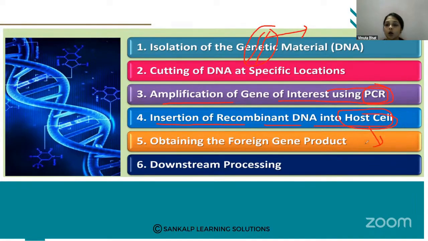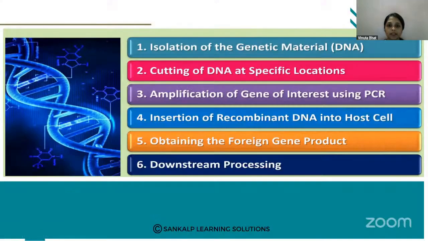The recombinant DNA should be transferred into the host cell. Then obtaining the foreign gene product and downstream processing. So we are going to study all these six steps in detail, the process of recombinant DNA technology.